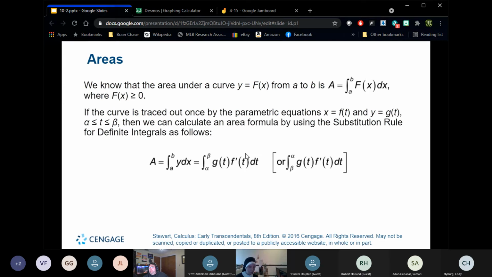So this way, with the g of t and the f prime of t, works out a little bit better sometimes for people, because it forces them to recognize that they have to actually do the derivative of the x term. Questions with that one, or can we go with that before we actually try to use it?